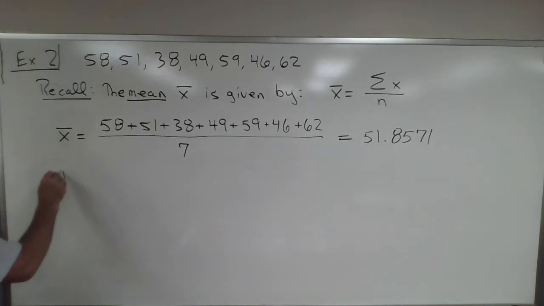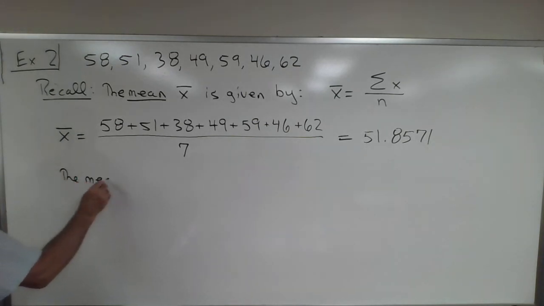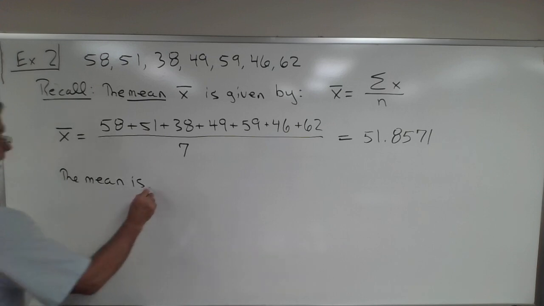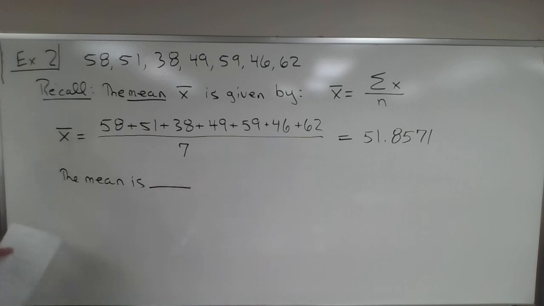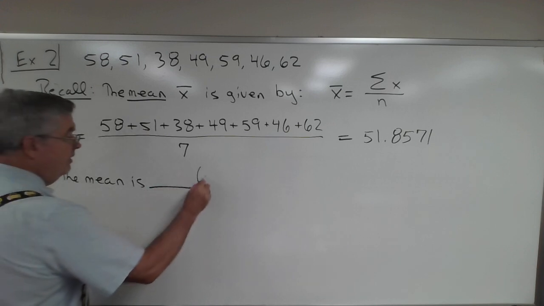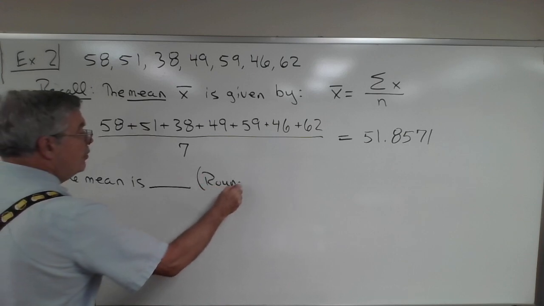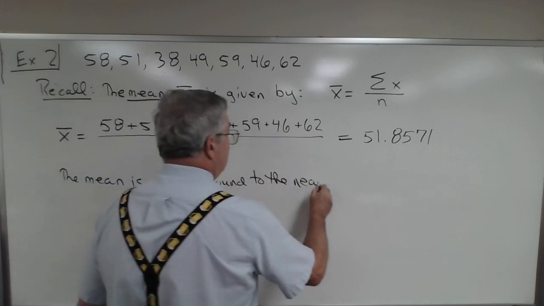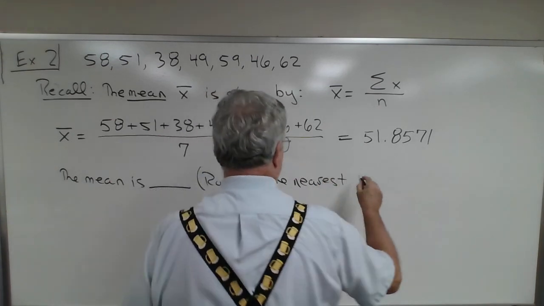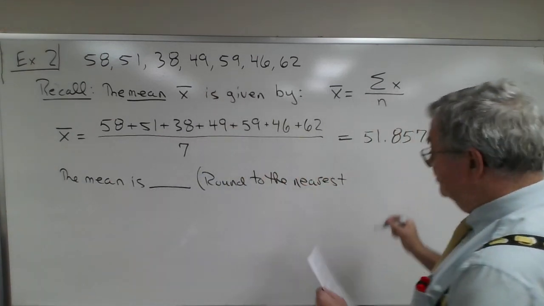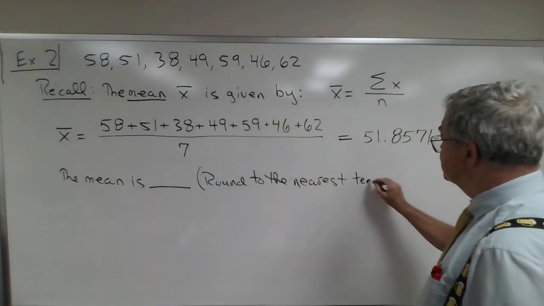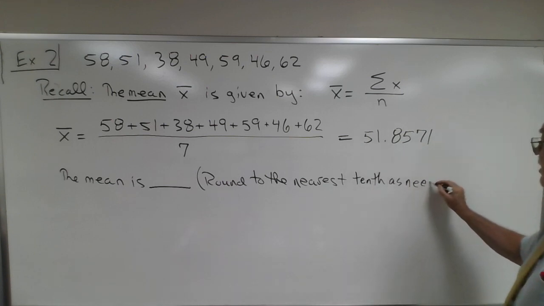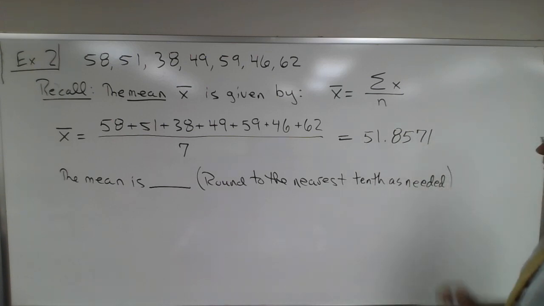They say the mean is, and there's a blank, and then it says round to the nearest tenth as needed.